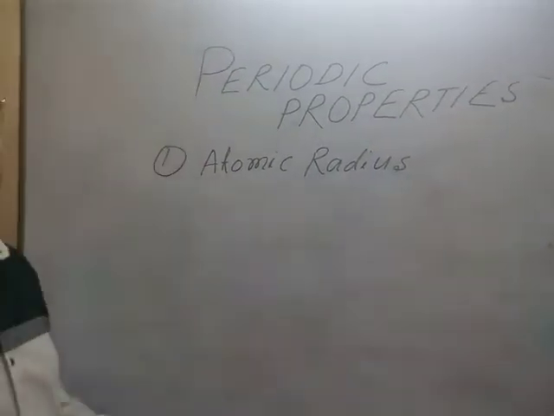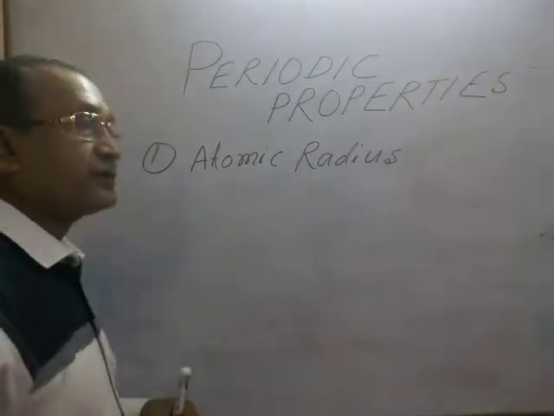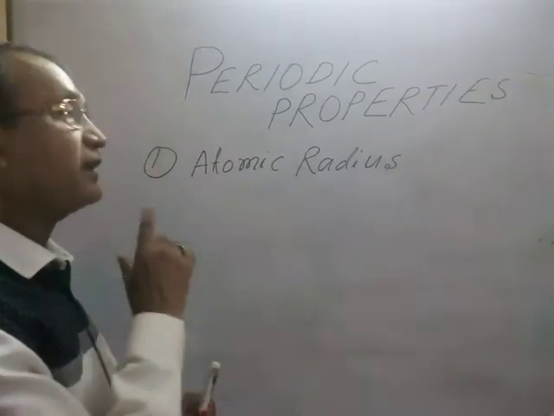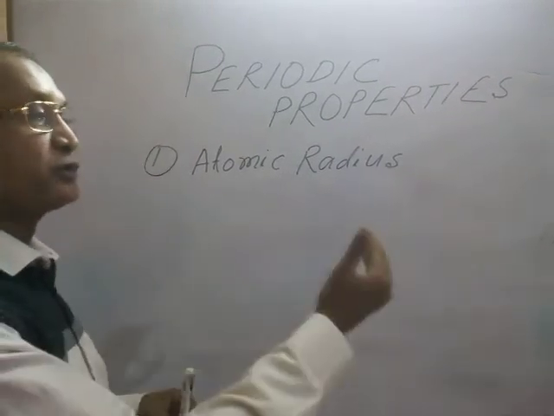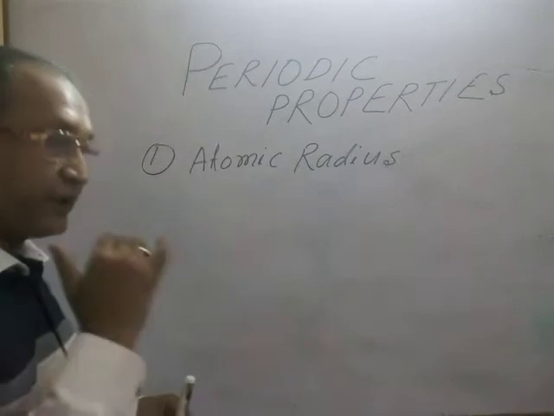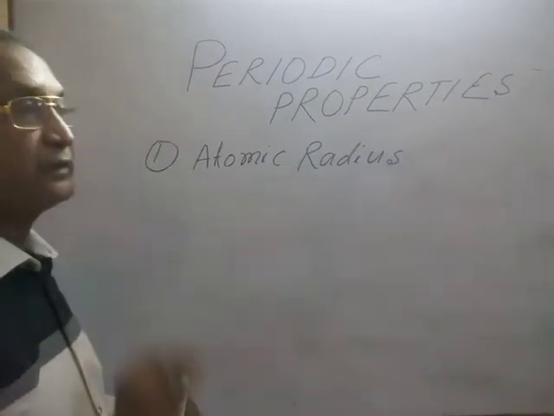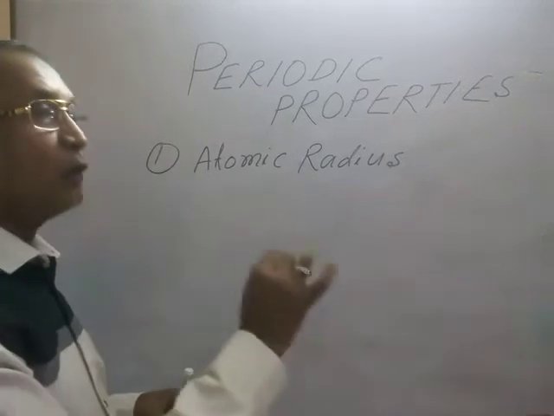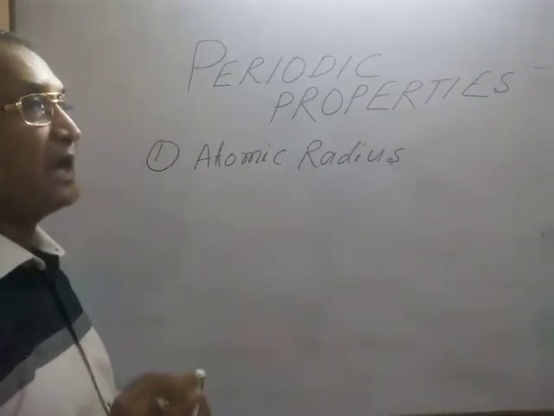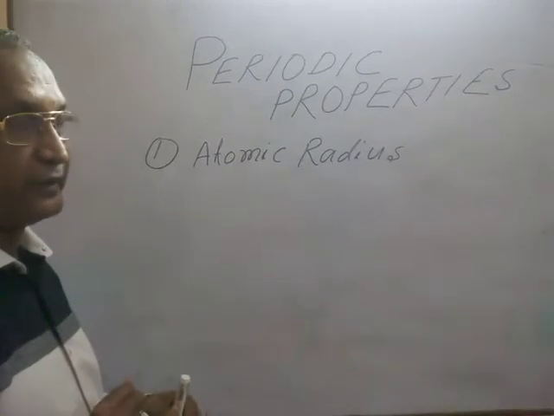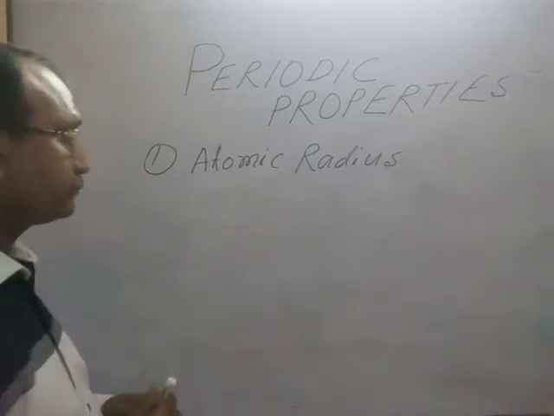What is atomic radius? The distance from the center of the nucleus to the outermost shell is known as atomic radius.